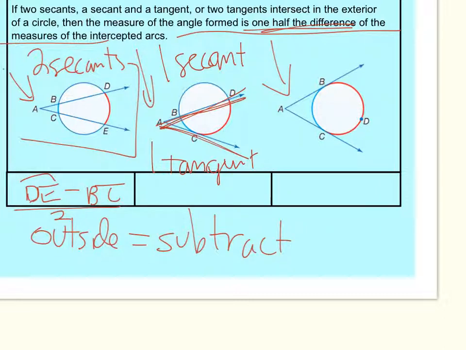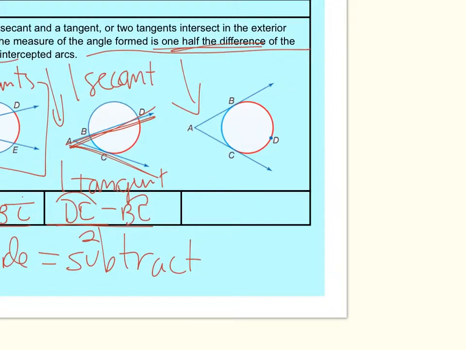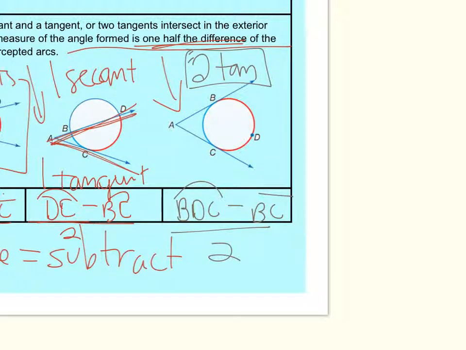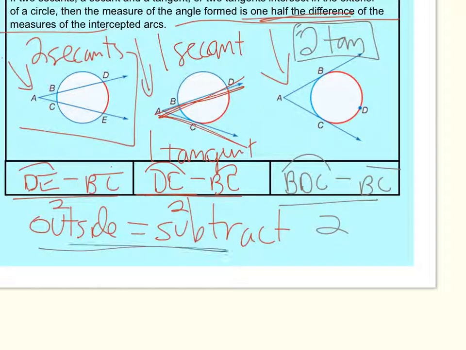So that means you're going to have DC minus BC divided by 2. And here you've got 2 tangents. So you're going to take arc BDC minus BC divided by 2. So that's how you're going to get all these. Anytime it's outside, you're going to subtract. Okay, so this might be an important thing to write somewhere.